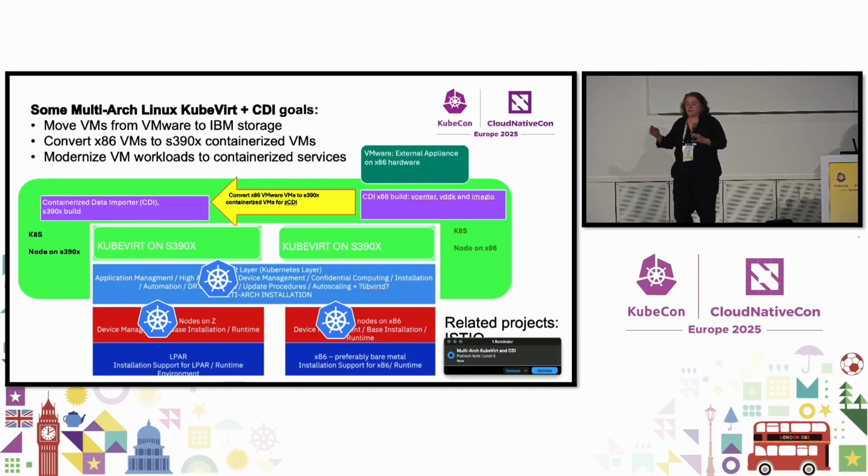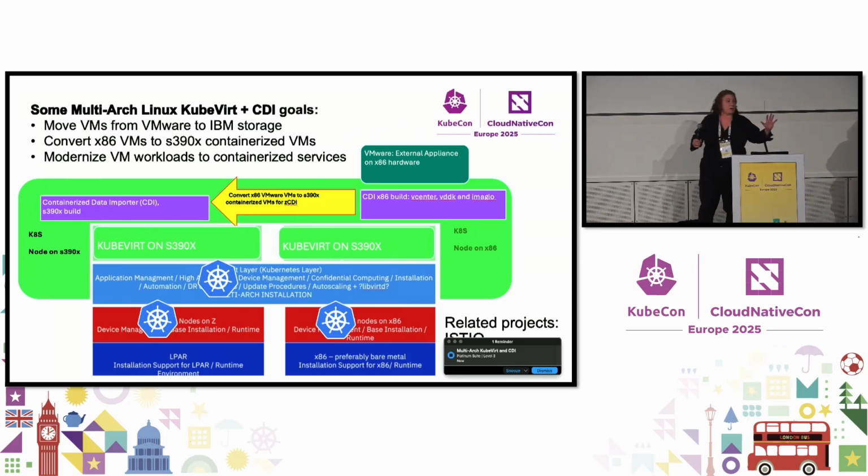You don't have somebody off in a room somewhere doing a VM conversion and then here's your VM. It's transparent, it's reproducible, it happens, it's declarative, it's got a YAML file associated with it, you got all those things. So, do we have any questions?